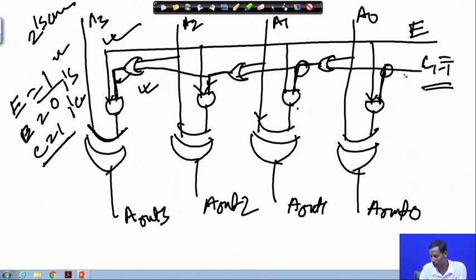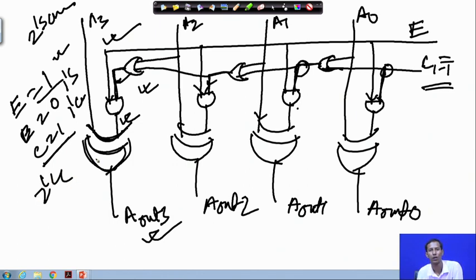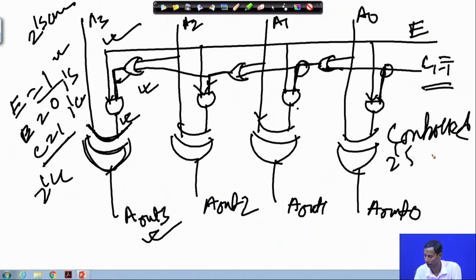As I am putting this carry in this particular chain towards the MSB, this carry will be propagated, and then it will be XORed with the corresponding bit positions A3, A2, A1 and A0, and you will get A out, that means the corresponding 2's complement circuit. Okay. So, this is the controlled 2's complement circuit.